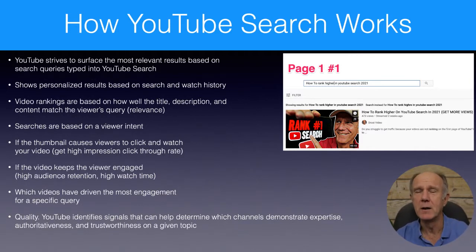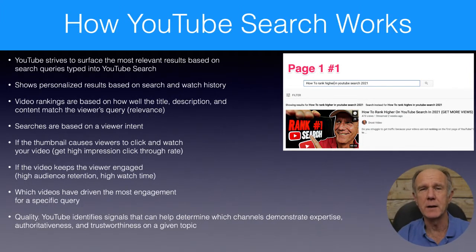If people don't see your title and click on the thumbnail, then they're not going to watch your video. And so you won't get a high click-through rate, you won't get high watch time, and your video will be demoted and disappear from the first page.